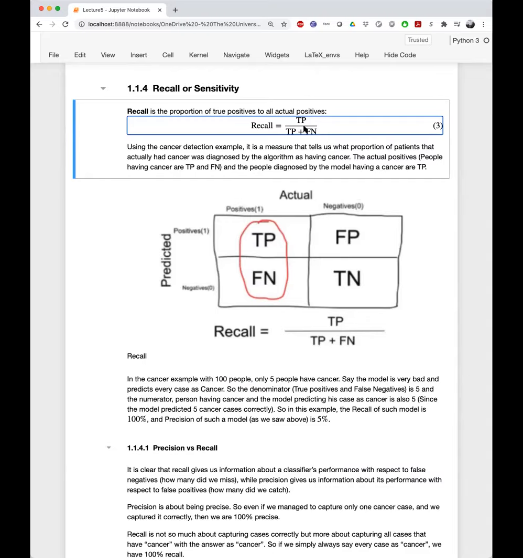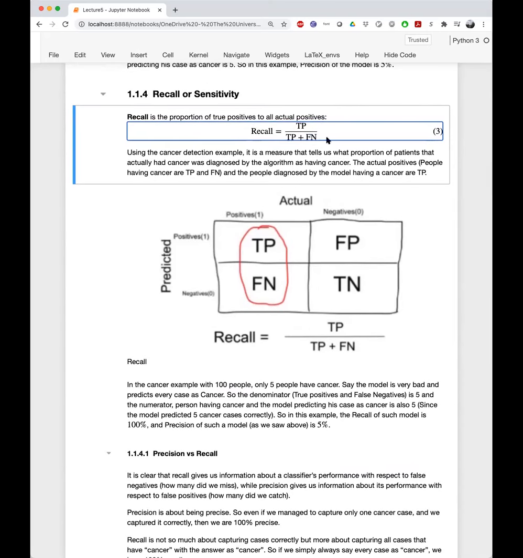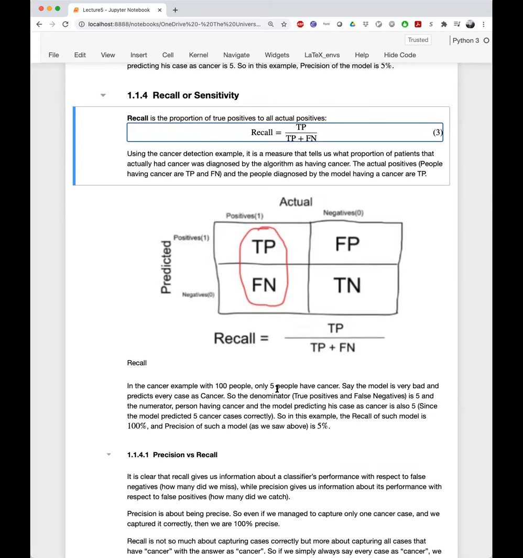And what's true positive plus false negative? That's the first column, the actual positives, which is 5. So it's 5 over 5. That's 100%. In this example, the recall is 100%. But the precision is only 5%.